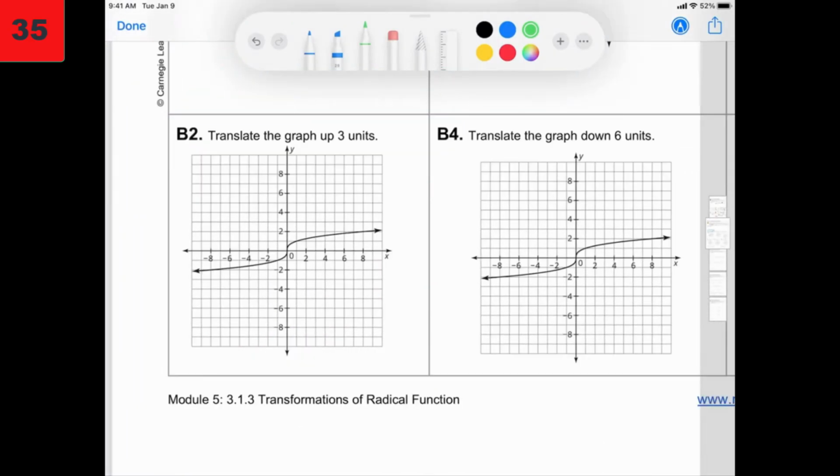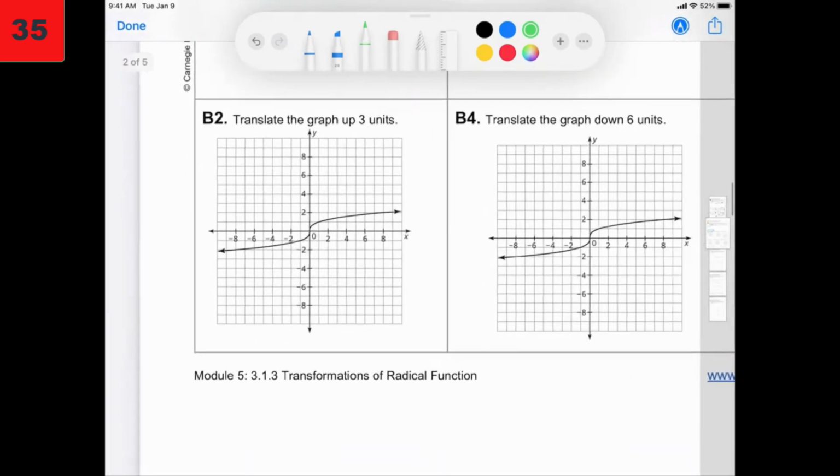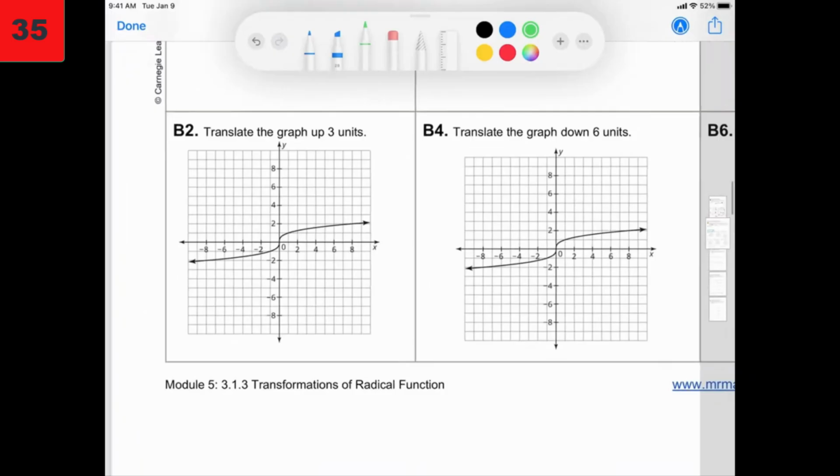We need to translate it 3 units up. And the question you might want to think about is if you write out what they call vertex form, cube root of b x minus c.